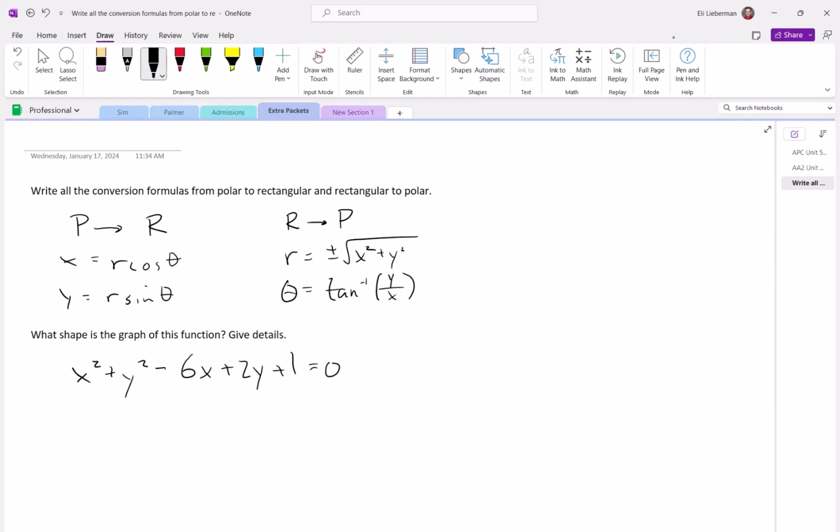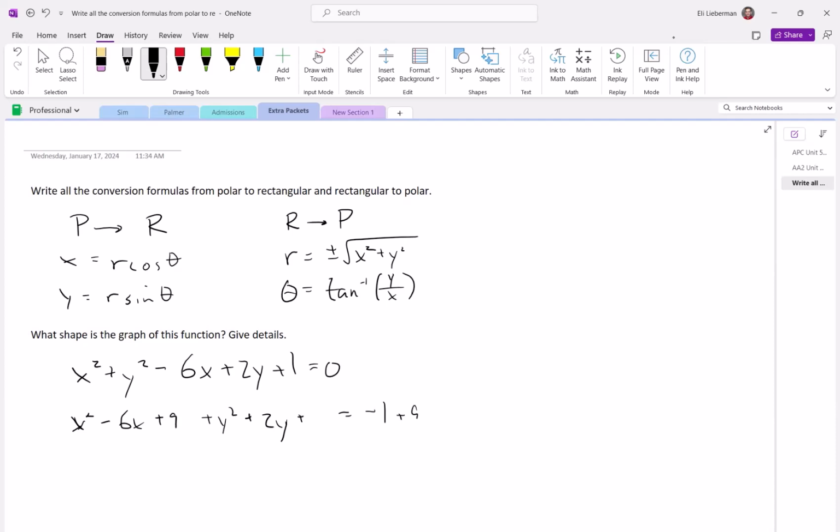It is a circle. Since it's x squared plus y squared, we just need to figure out where the center is and what the radius is. So I'm going to group the x terms together and the y terms together. x squared minus 6x and plus y squared plus 2y. And I'll move that 1 to the other side. To complete the square for the x's, I'm going to add 9 to both sides.